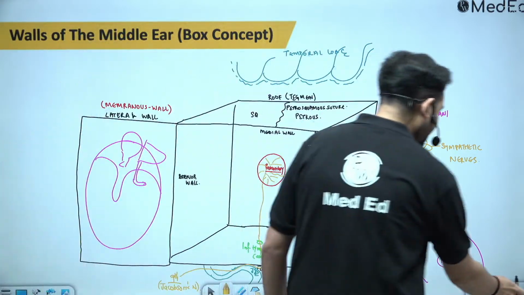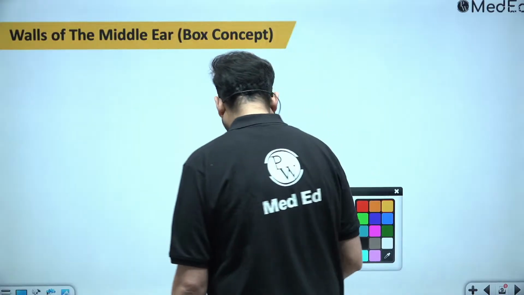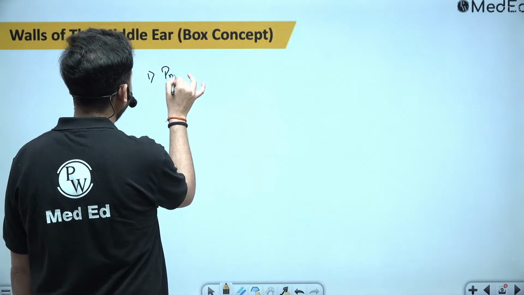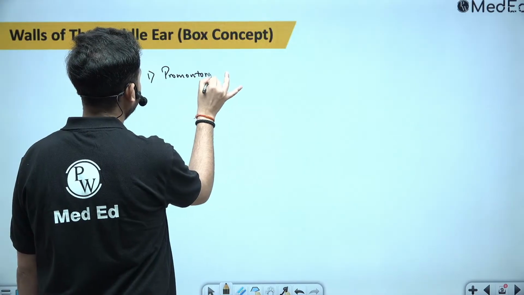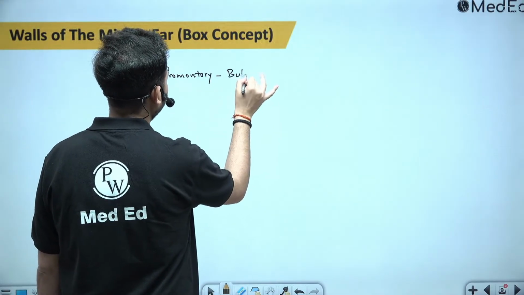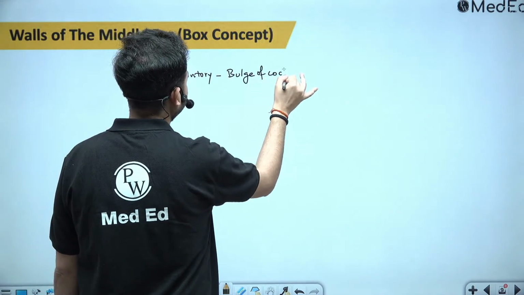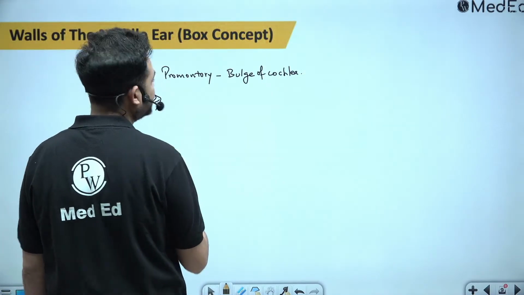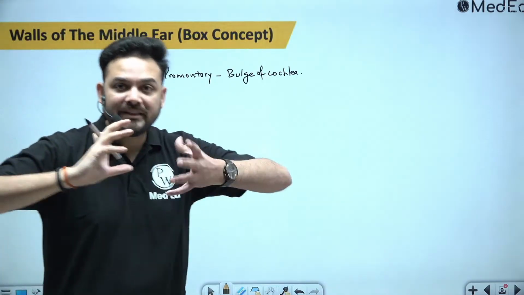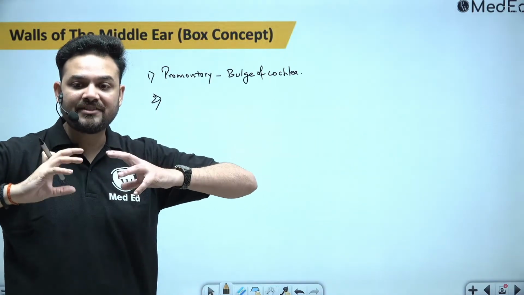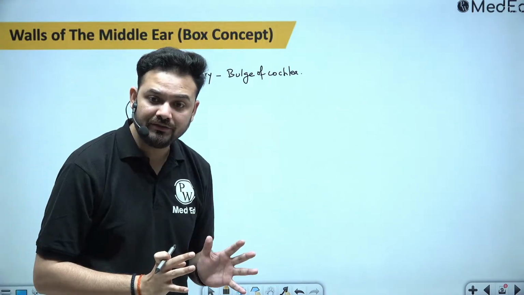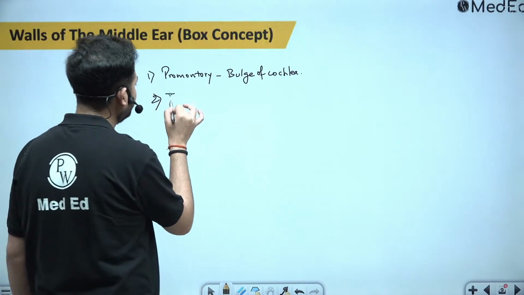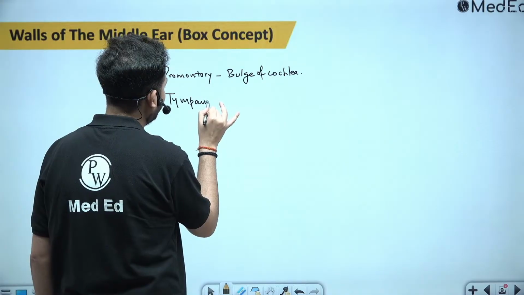So let me just note it down over here: if we are reading the medial wall, in the medial wall of the middle ear, one structure that we have read is the promontory, right? That is produced by the bulge of the cochlea. Another plexus is formed over that promontory, with contribution from the sympathetic nerves of the internal carotid artery as well as from the parasympathetic branches of the glossopharyngeal nerve, right? So they both form this plexus, that is the tympanic plexus.